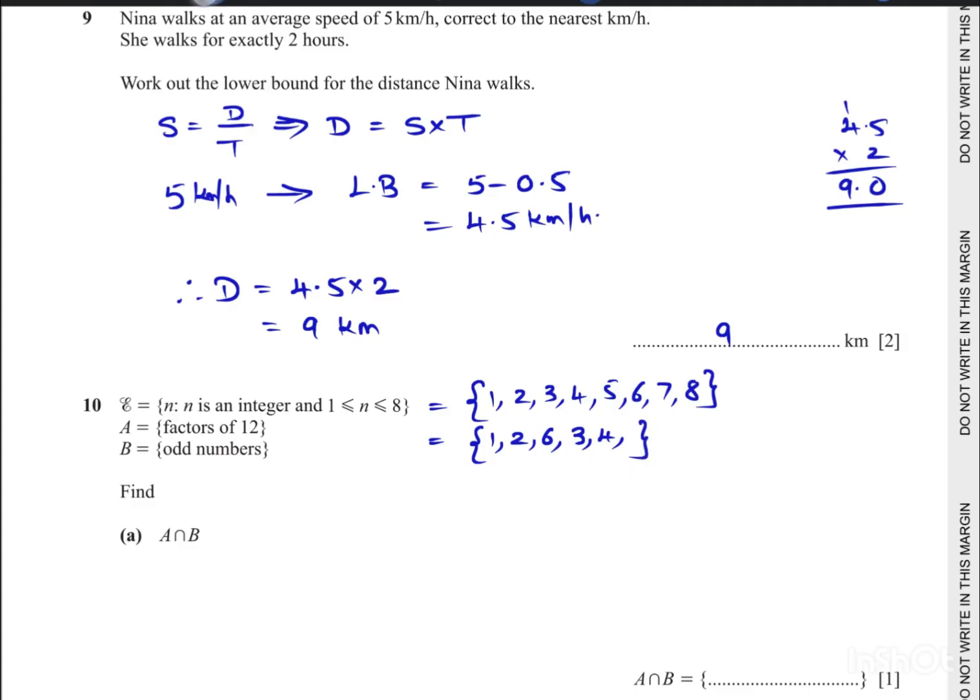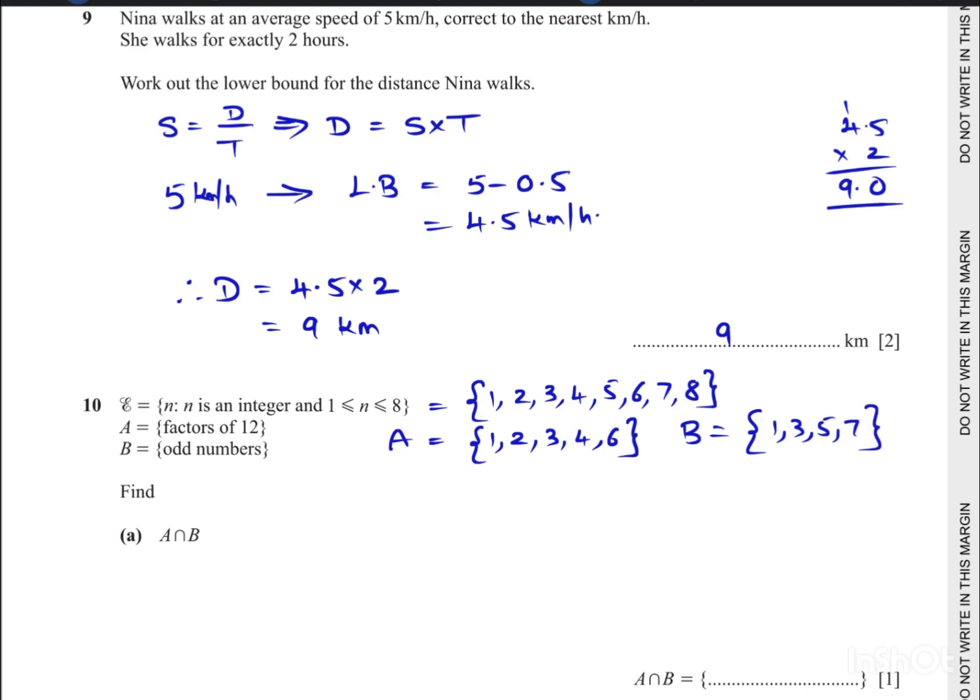So let me write them in order: 1, 2, 3, 4, 6. Because 7 and 8 cannot be factors of 12. This is A, then B will be odd numbers. So now take all the odd numbers from 1 to 8: 1, 3, 5, 7. These are the odd numbers.